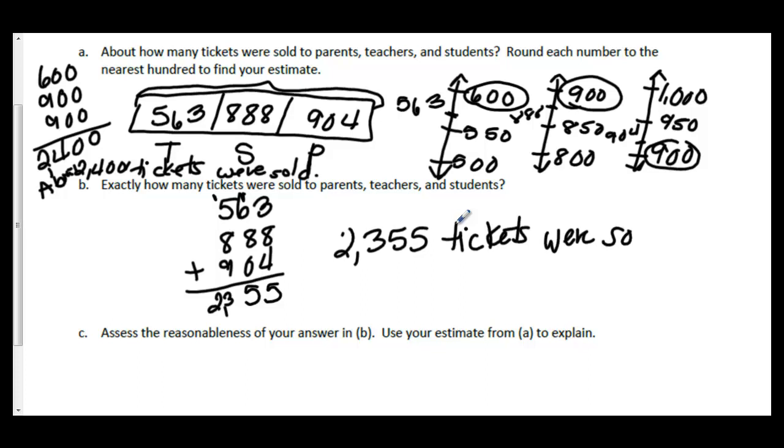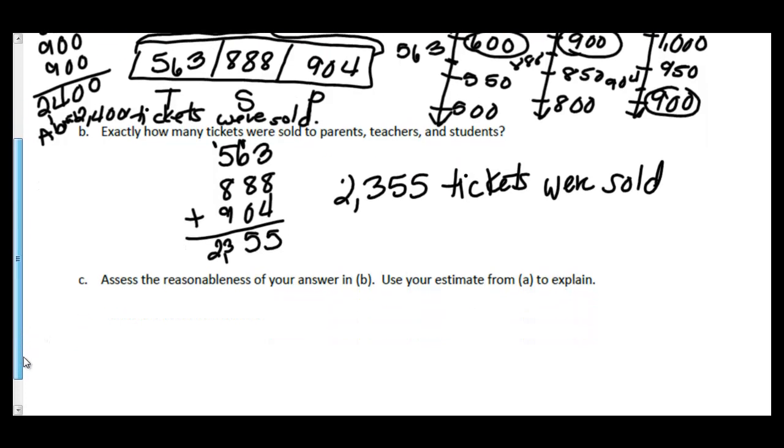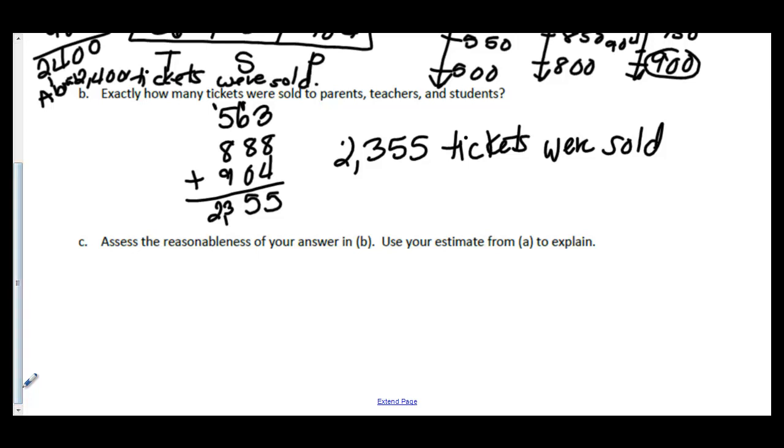So again, it says assess the reasonableness of your answer. And B, use your estimate from A to explain. So again, I'm going to type because my typing is a little bit clearer than my writing.